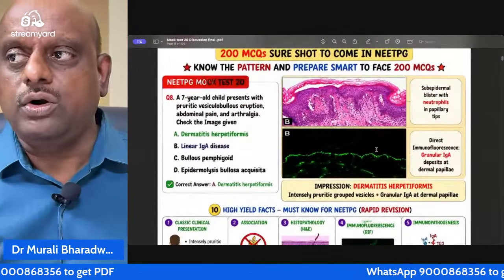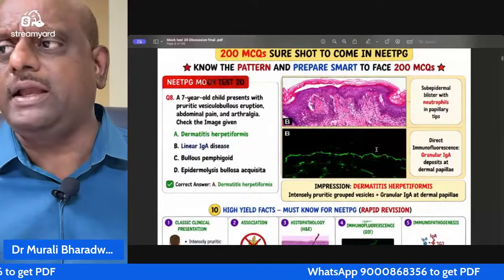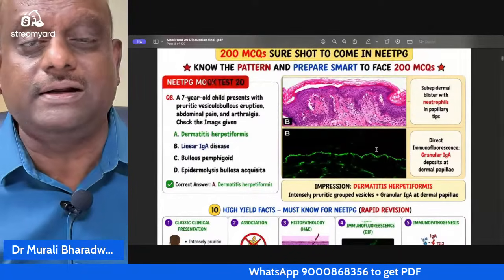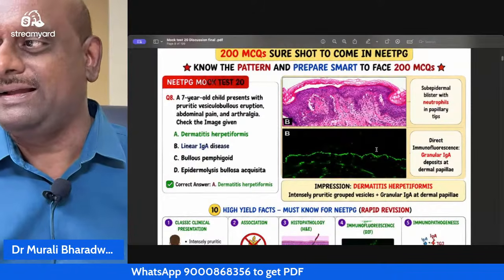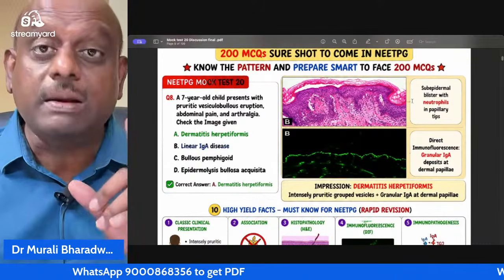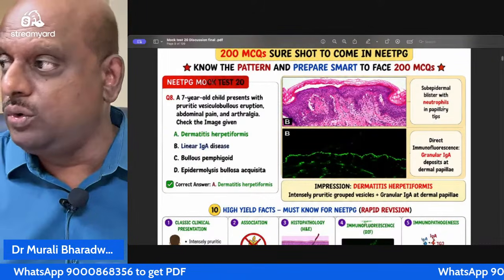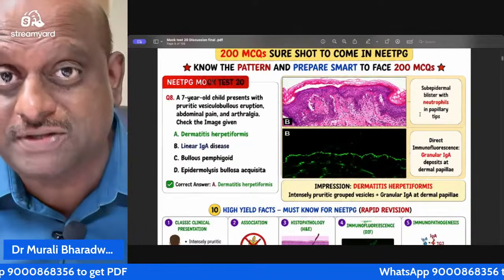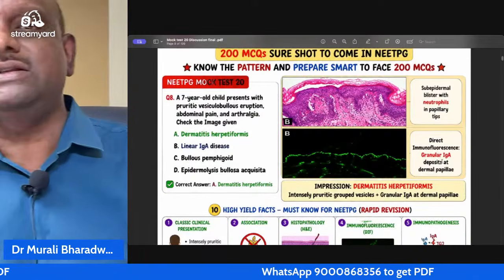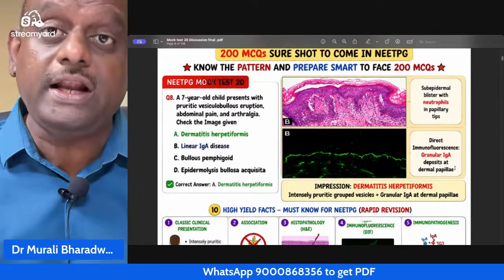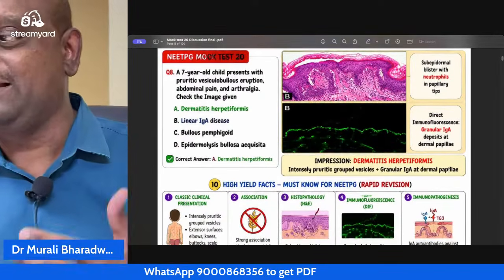Now, a 7-year-old child presents with a pruritic bullous eruption, abdominal pain, arthralgia. So there is a subepidermal blister with neutrophils in papillary tips, which is very classical. And direct immunofluorescence is showing granular IgA deposits in the dermal papillae.